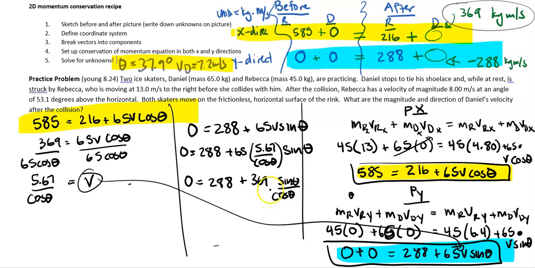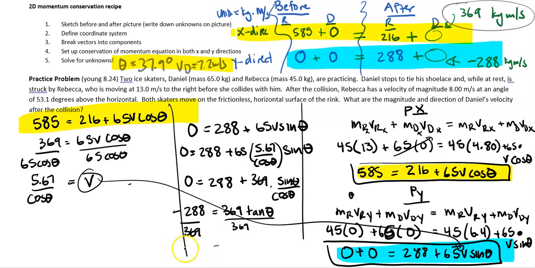Again, everything's just multiplied and divided, so I'm just going to write it this way because I can understand it a little bit better. So let's see, let's move that 288 to the other side. So it's what? Negative 288 equals 369 times sine of theta over cosine of theta, which is just going to be tangent of theta. So then I can divide both sides by 369.